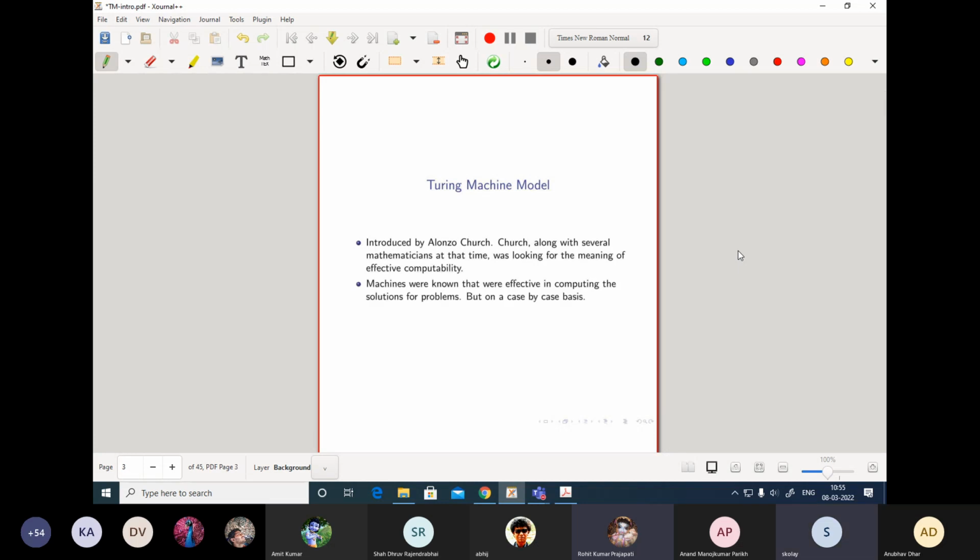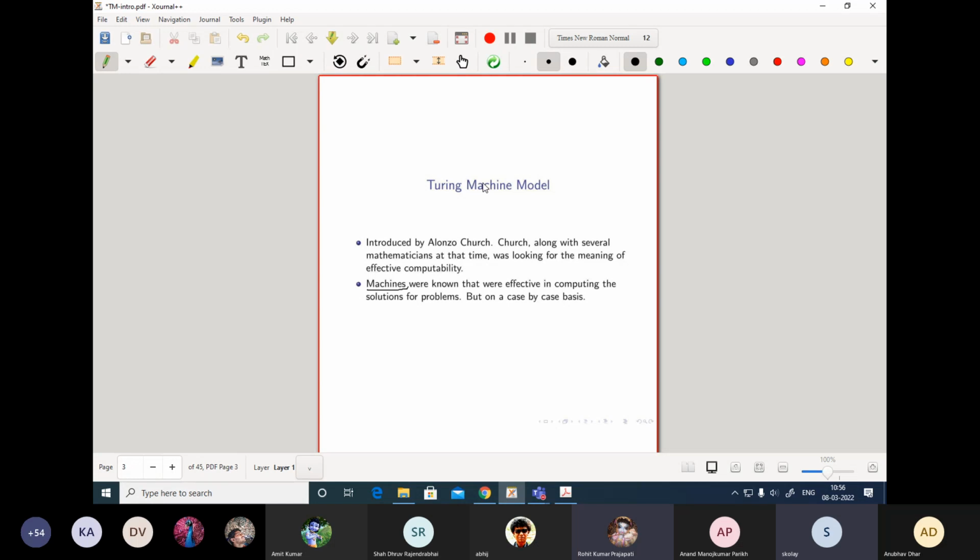Several machine models were known. Here, when I say machines, I actually mean machine models. No form of computer existed at that point of time. There were several mathematical models that were being studied. There were certain problems where you knew algorithms to find solutions, but people wanted to classify these problems.